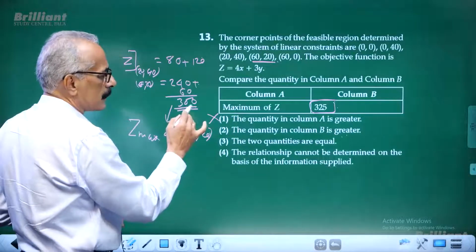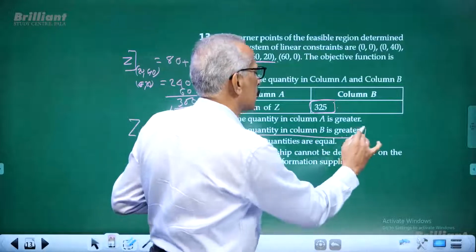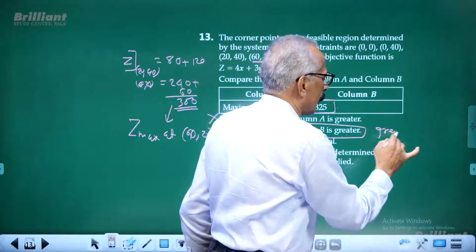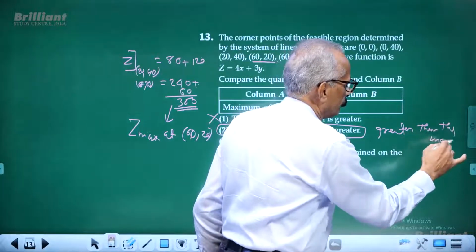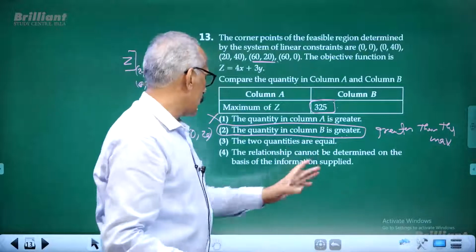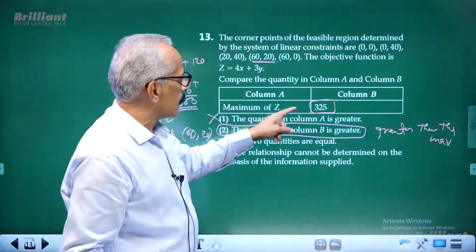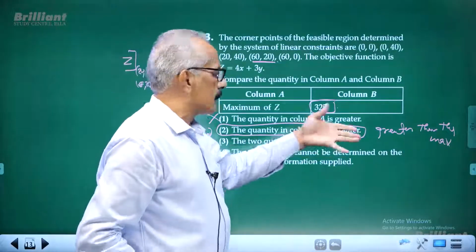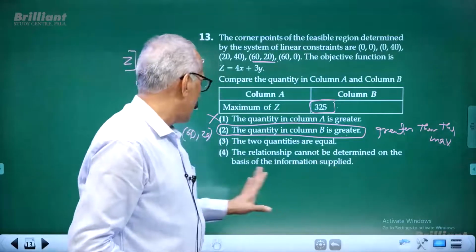Well, and what's the maximum value? 300. The quantity in column B is greater. It is bigger than, all right, this is right. It is even greater than the maximum value. Okay, the two quantities are equal. No, maximum of Z is greater than 3. The relationship cannot be determined on the basis.